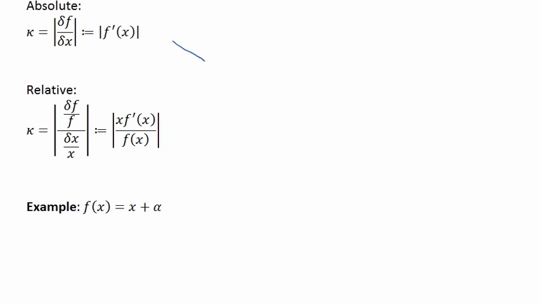So one thing to notice about both of these formulas is that the condition number depends on the data and the problem. So for a given problem, there might be some data where the answer is very sensitive and others where it's not.